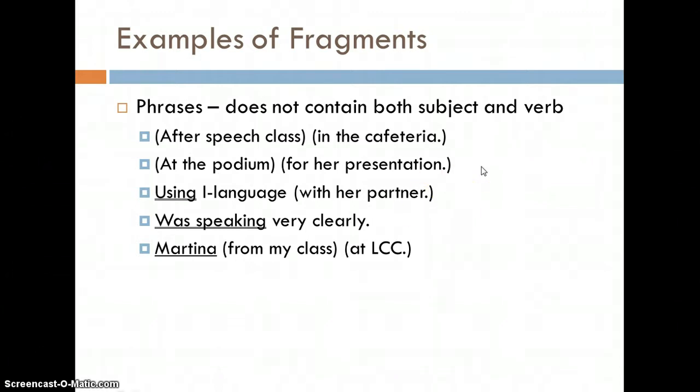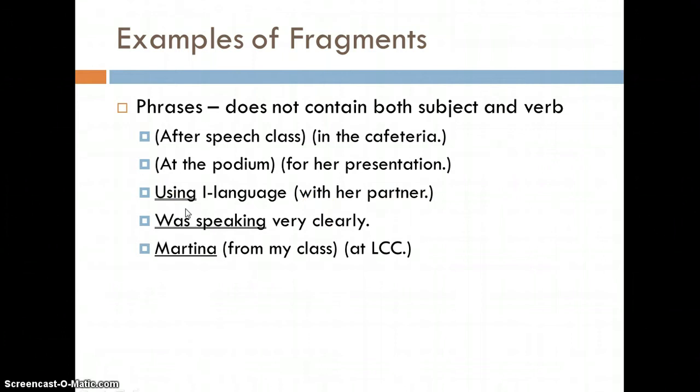Another example, "at the podium for her presentation." No subject, no verb, all we have is two prepositional phrases. So it's a fragment. Here's another example, "using I language with her partner." We've got a prepositional phrase and we've got part of a verb, using.